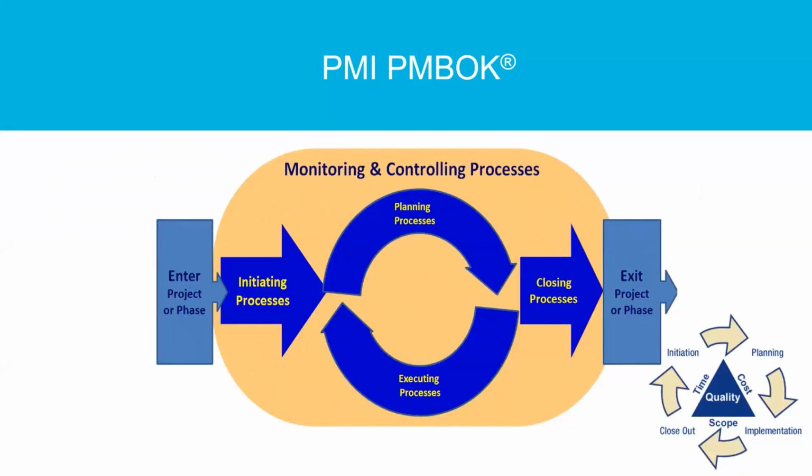Next here, this is the life cycle of the project. You can see the process groups in PMI, starting from the initiating process, planning, executing, and closing the project. Every project goes through these cycles, all of them highlighted by the monitoring and controlling process.